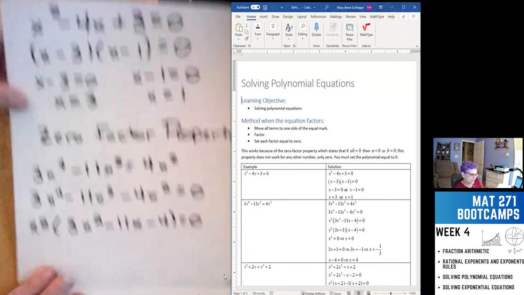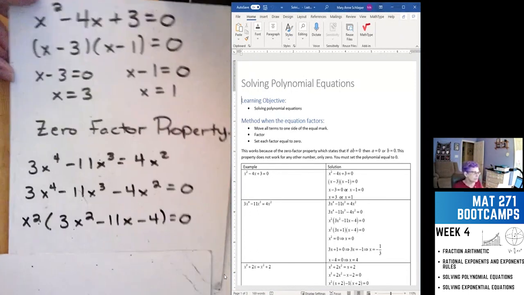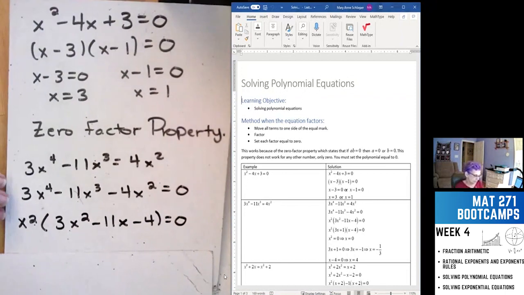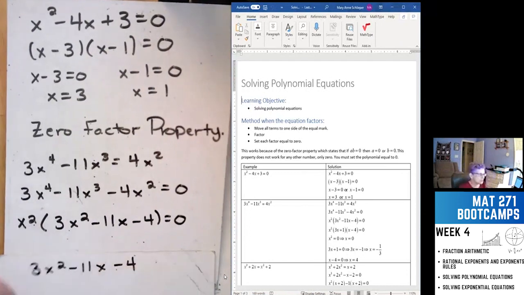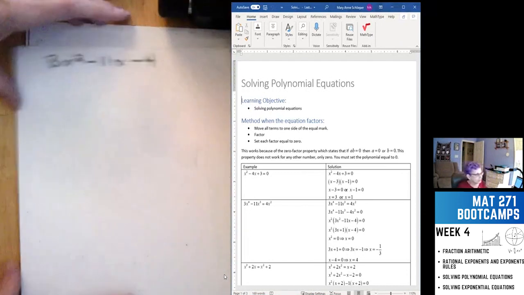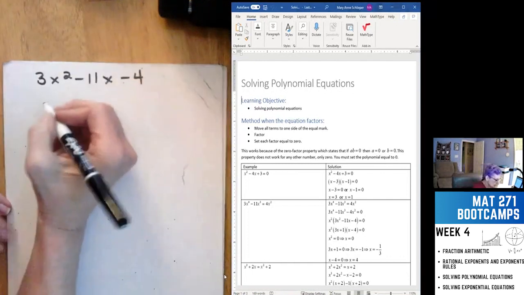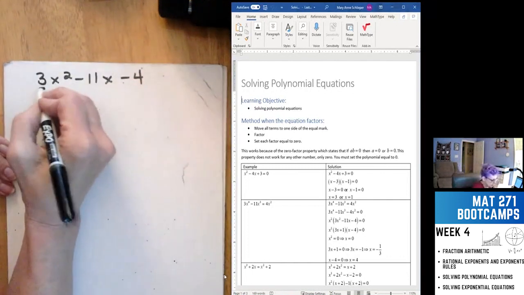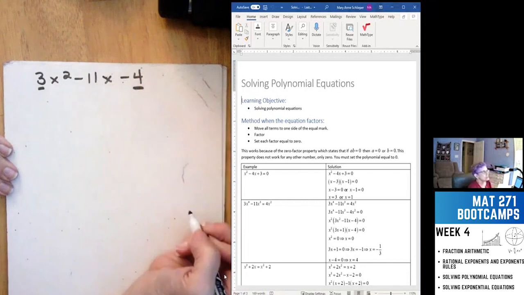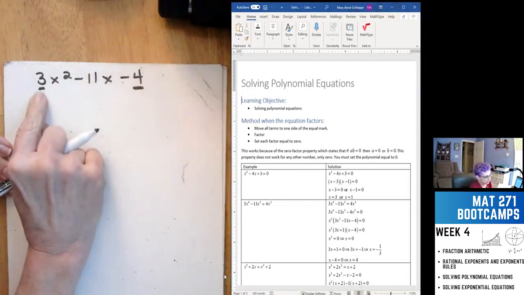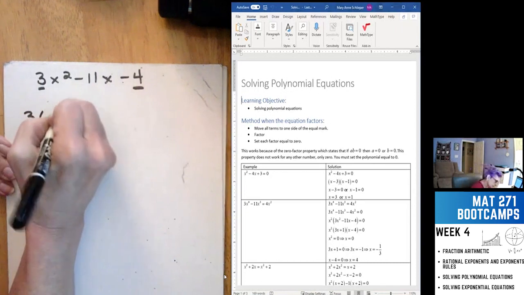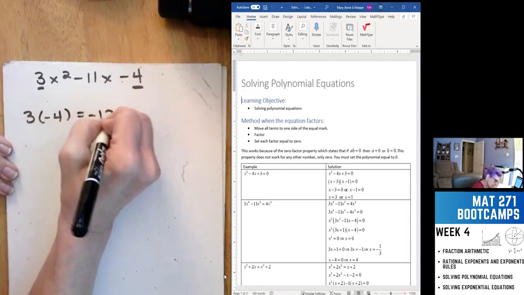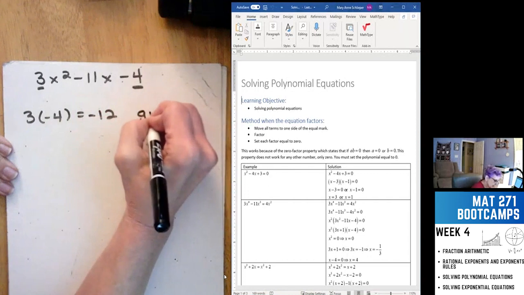Now, that's not too bad to factor using guess and check, but just for practice, let's do the grouping number method. Grouping number method means we take this number times this number, so the leading coefficient times the constant. That's called the grouping number.